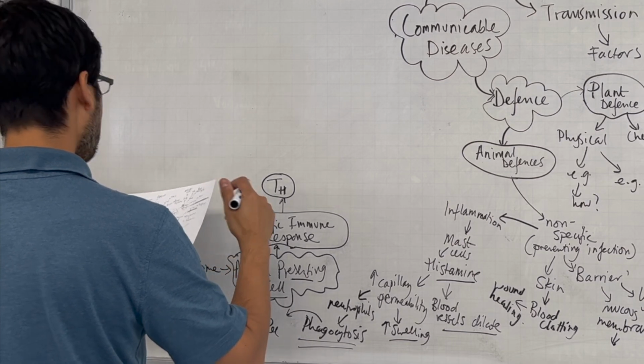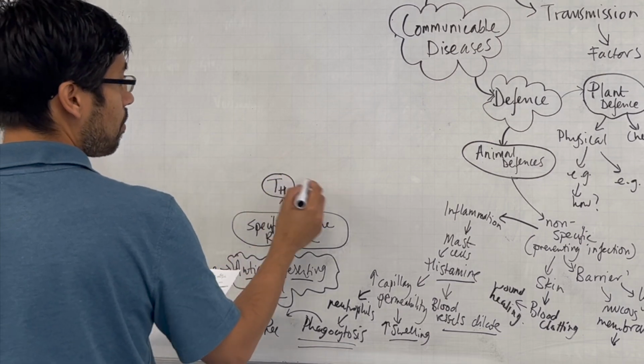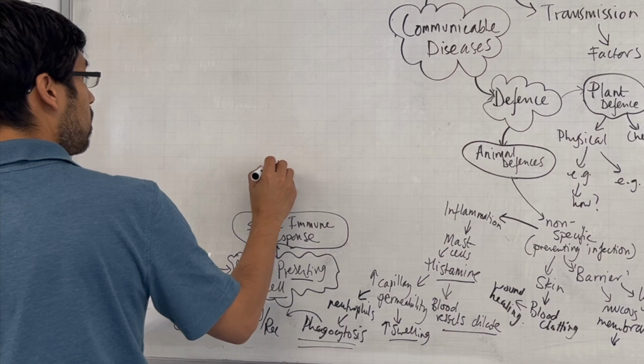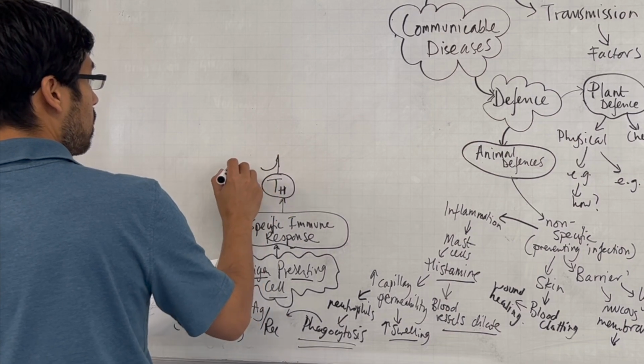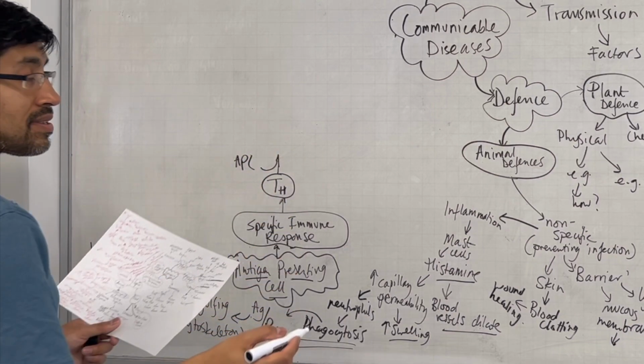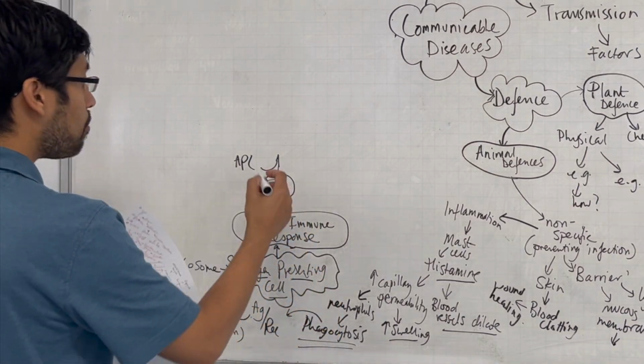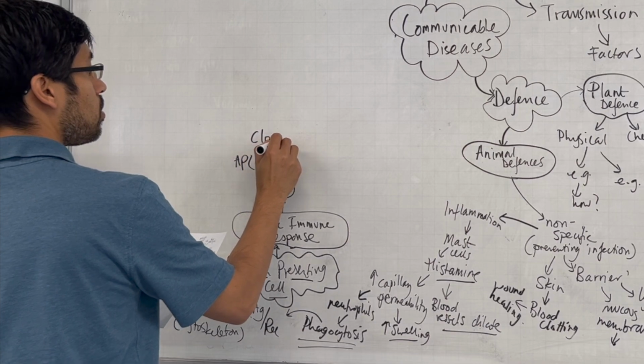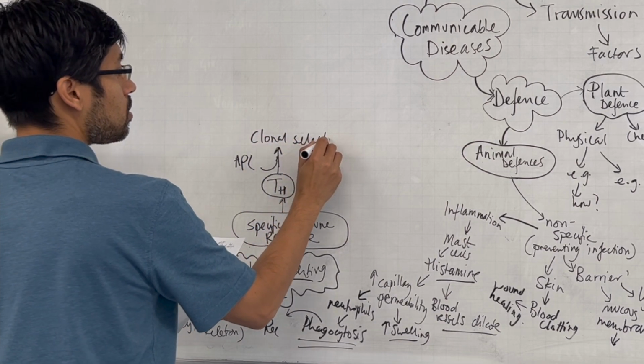T helper cell. And the next important thing is, remember, we've got lots of T helper cells, but the T helper cell plus the antigen presenting cell will combine and give us the process of clonal selection.